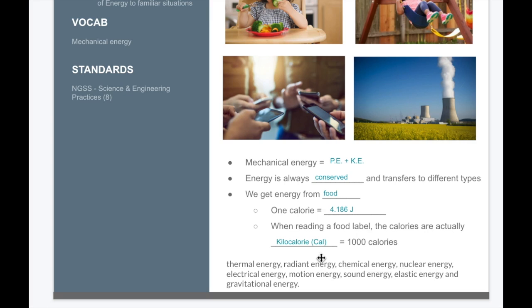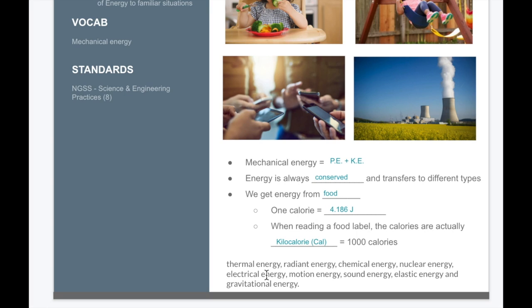Okay, radiant energy, this can also be known as light energy. So we get radiant energy like from the sun. Okay, chemical energy, this is when bonds are broken in order to release energy.